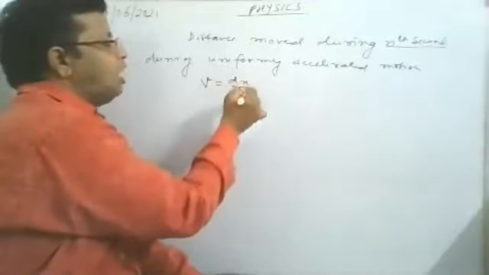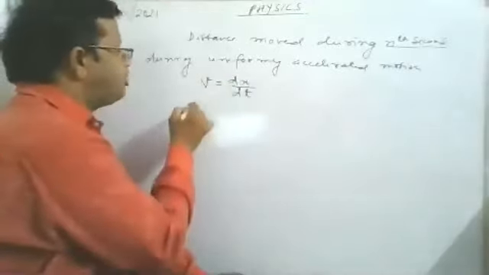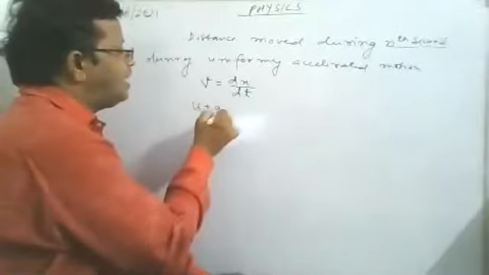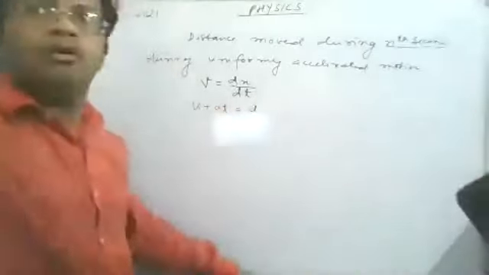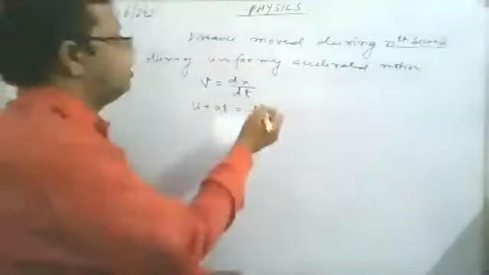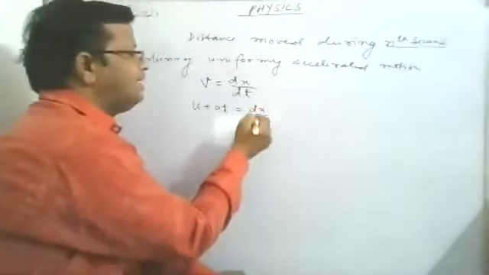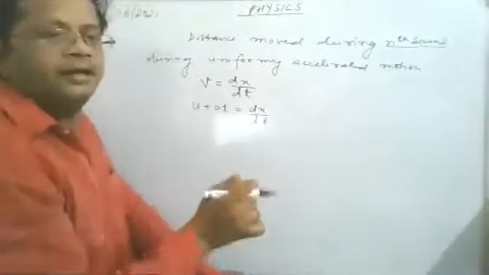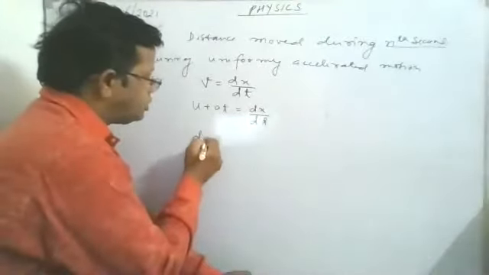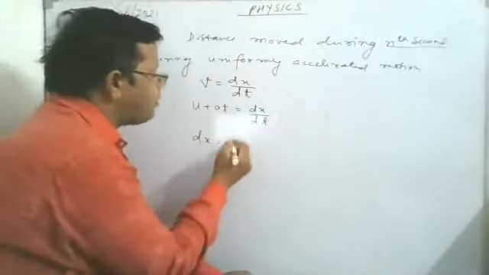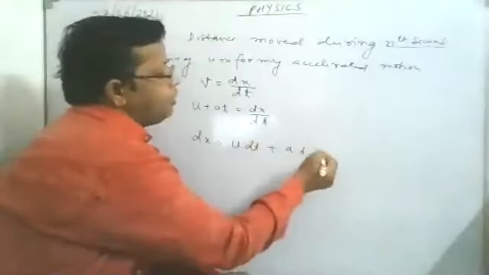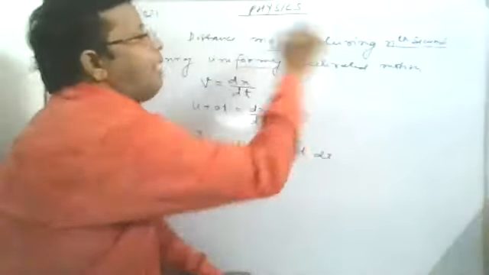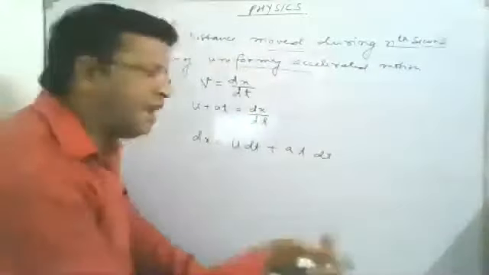And v is equal to u plus at is equal to dx by dt. Now dt goes this side. dx is equal to, beta, the product with dt on both sides, u into dt plus at into dt. What is our aim? To determine the distance moved during the nth second.